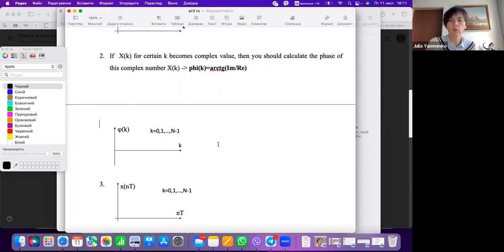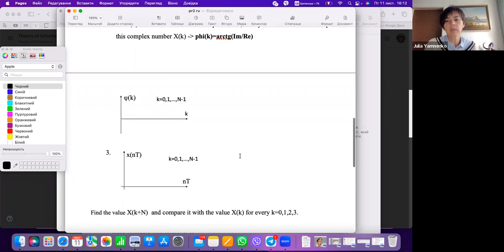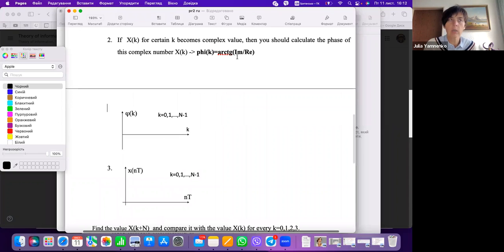If you obtain not a complex value, but a value that is equal, for example, to 0, not complex, not real part, not imaginary, just 0, actually it means that the phase is not defined here because you cannot divide 0 by 0. Yeah, it's uncertainty. It's an unpredictable result.